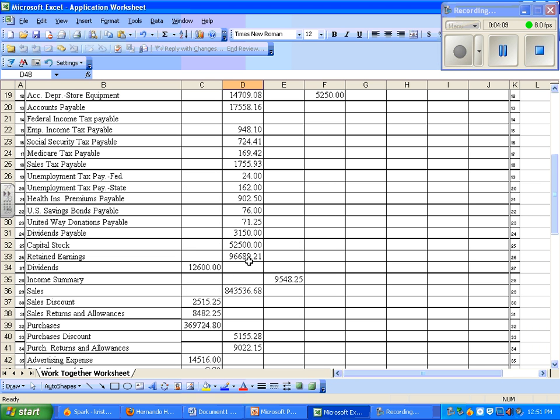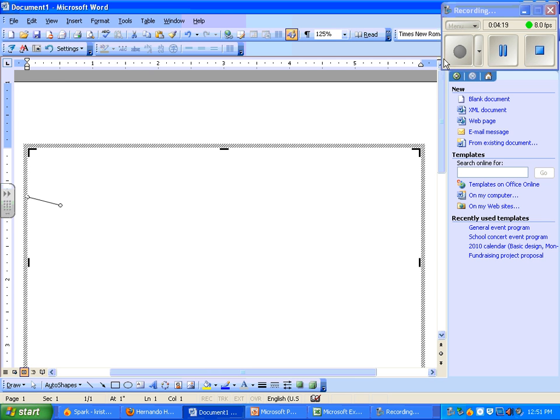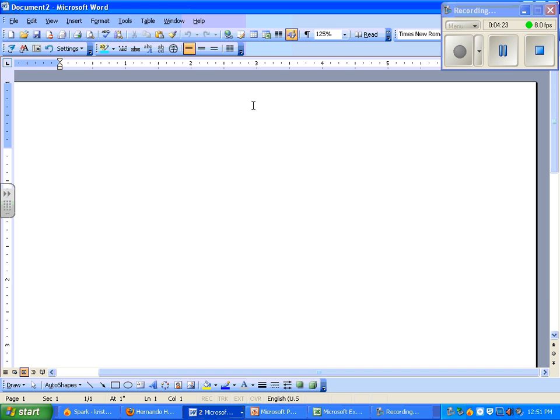I will say that there's also a problem on 14.5 about determining the depreciation and the book value of an asset. So let me go ahead and work that with you guys.